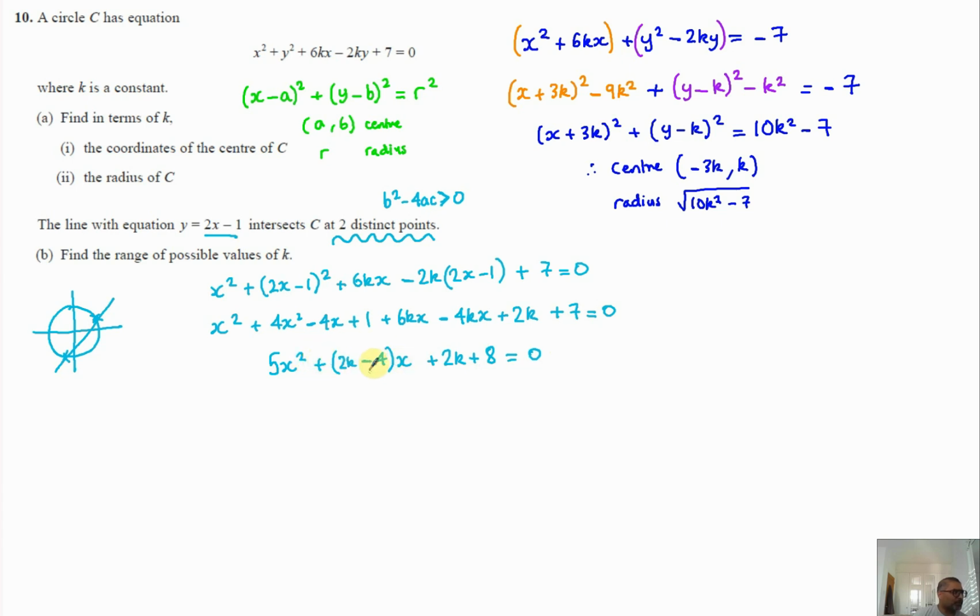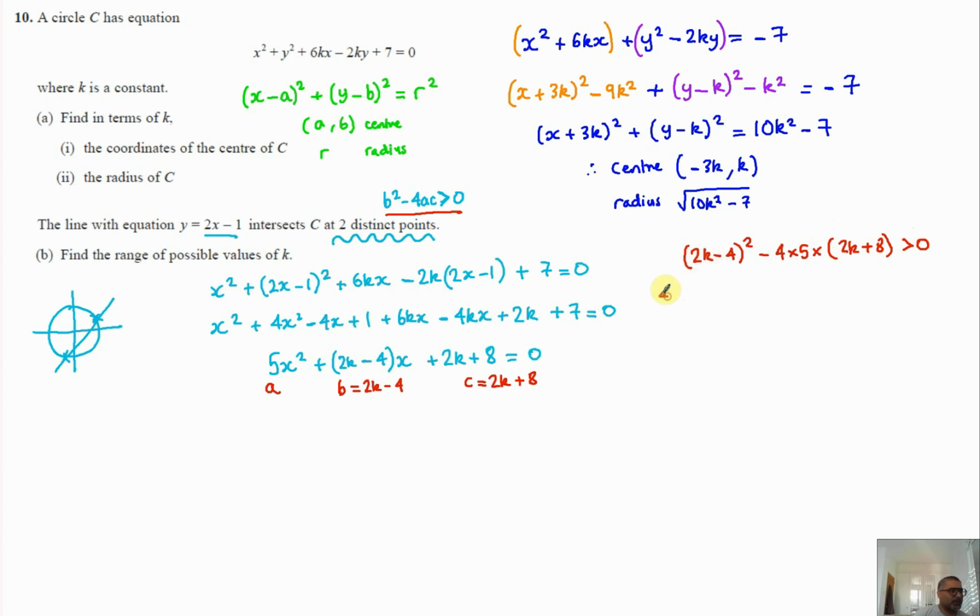So now I've got enough information to work out my discriminant. So here a is 5, b is 2k minus 4, and my c, my constant value, will be 2k plus 8. So using those values, if I substitute those into b squared minus 4ac, that will be (2k minus 4) squared minus 4 times a, so times 5, times c, which is 2k plus 8. And that's got to be greater than 0.